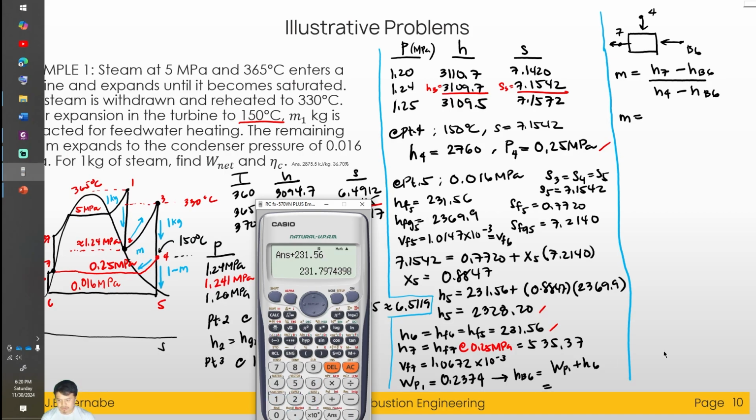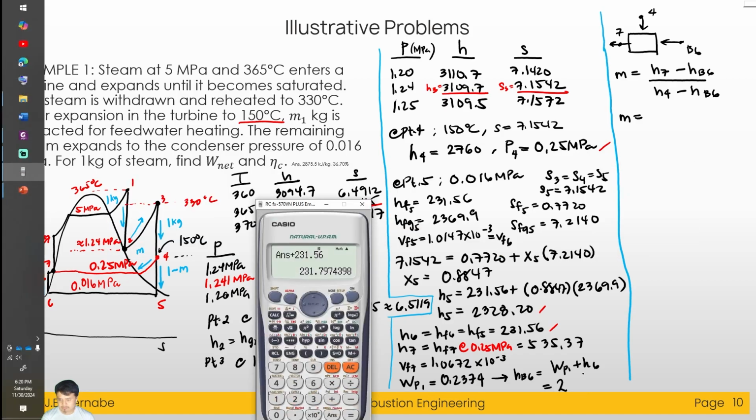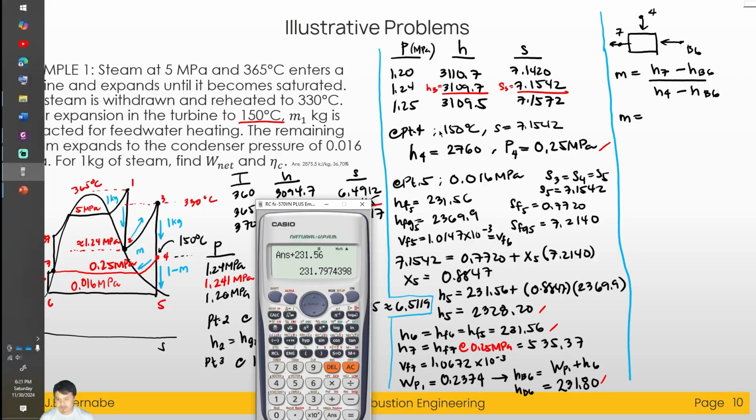So it is negligible. Even if you didn't write it, you can actually neglect this if you care. It doesn't really affect the calculation much. So 231.80 na lang. So this is HB6.